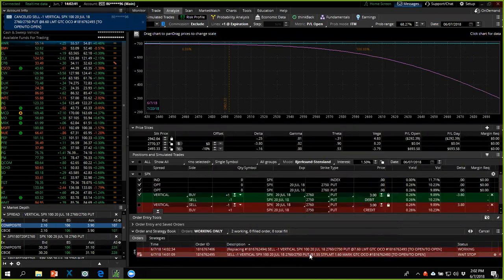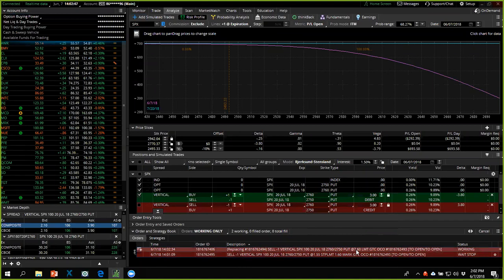See, now we have an order to sell this at $7.60. It's still chain linked to the stop limit order, and Thinkorswim has made sure to get this right so that things will work the way you want them to. Okay. Let's see here.